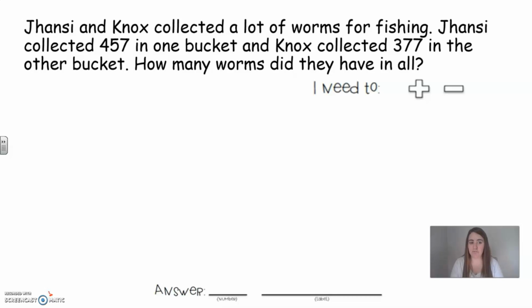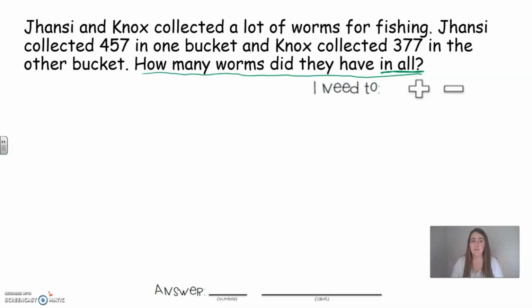Any question yet? No. How many worms did they have in all? There we go. That's our question. So I underlined it. Now let's talk about those words in all. We've heard those words. What do you think they mean? Are they keywords for adding or subtracting? Guess we'll have to see.